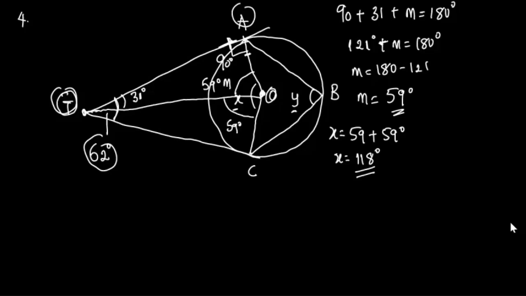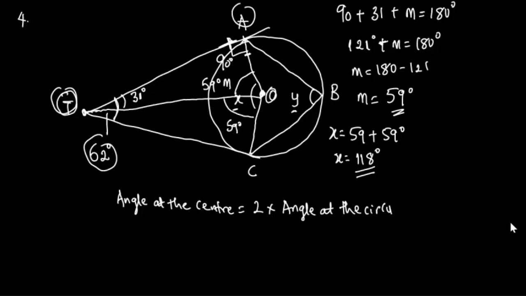Now, if you remember one of the theorems we looked at in the earlier video lessons, we said the angle at the center is twice the angle at the circumference. So now, if you look at O, the unknown angle, which was X, that angle is the angle at the center, which is 118 degrees.